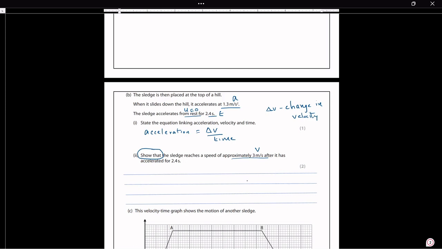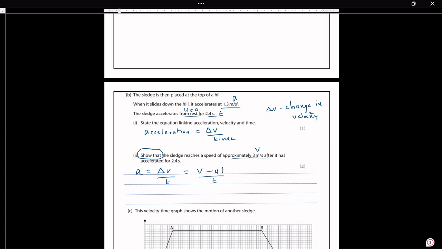So for that, let us make use of the equation we have written in part 1. Acceleration is the change, delta v, in velocity over time, and the change is the final velocity minus the initial velocity over time. And here, let us substitute the values. Acceleration is already given.